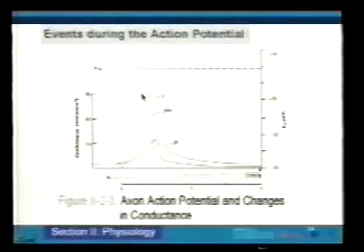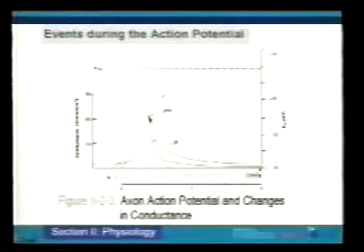So peak sodium conductance, this point in time, is the same as the peak of the action potential. That means at the peak of the action potential then, you have the greatest number of open sodium channels. Now with repolarization, you should realize sodium conductance quickly decreases back to that original value close to 0.